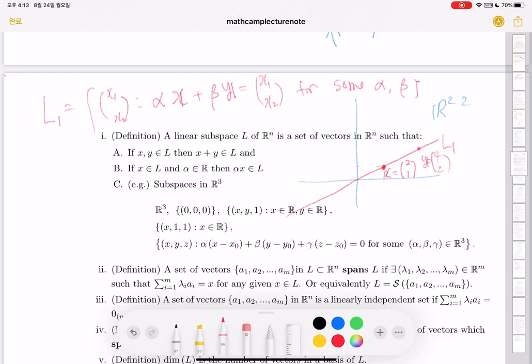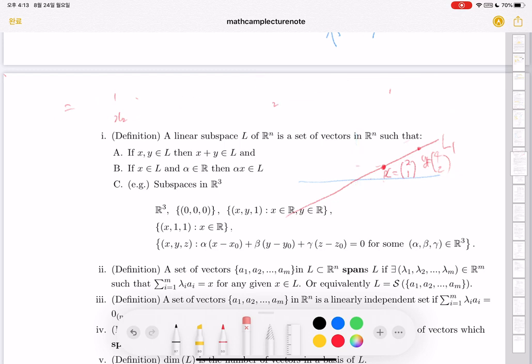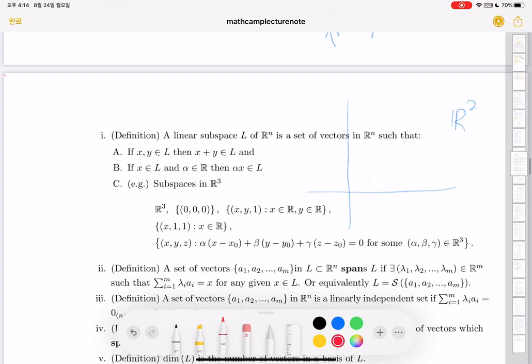What about this? This is the R2 and you have two vectors here.